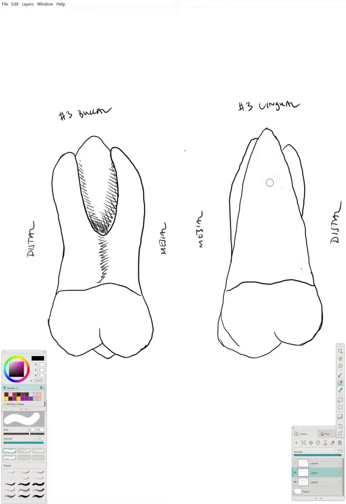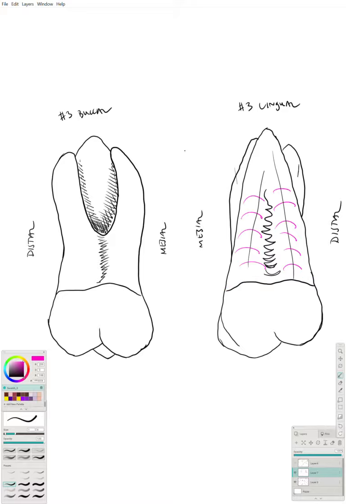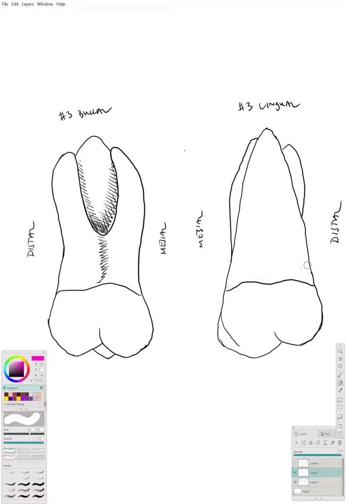You can then see how that CEJ is kind of curving up and over, going down into this depression right here, and then up and over as it goes into that. So the other thing that we really need to pay attention to on the lingual aspect is the cusp of Carabelli, which is about right here.